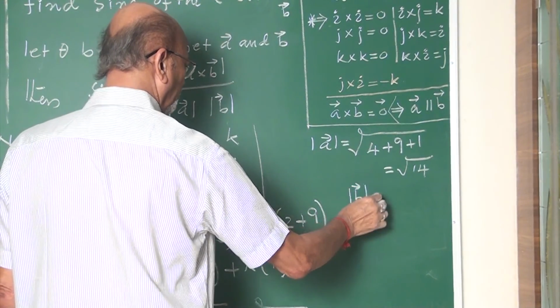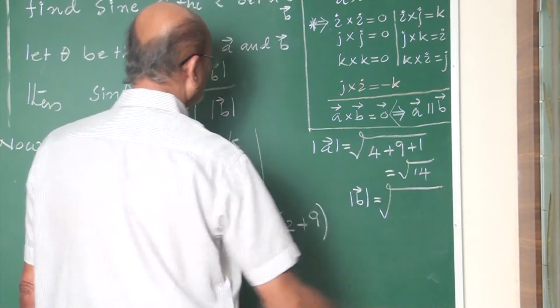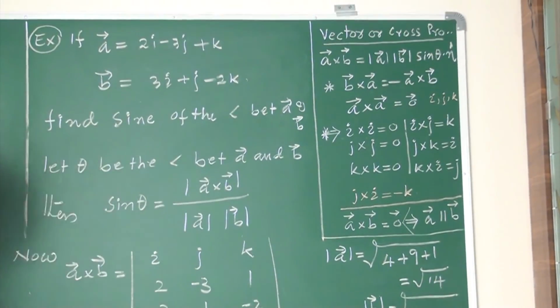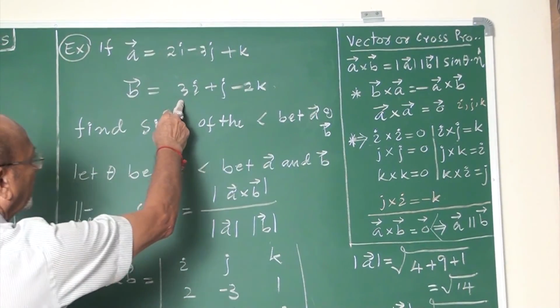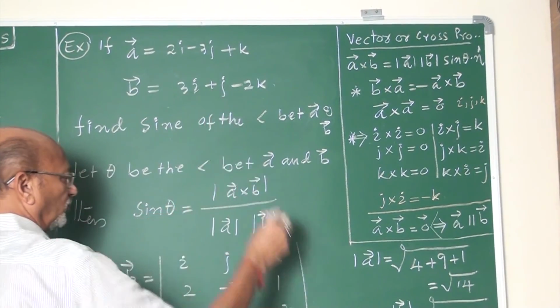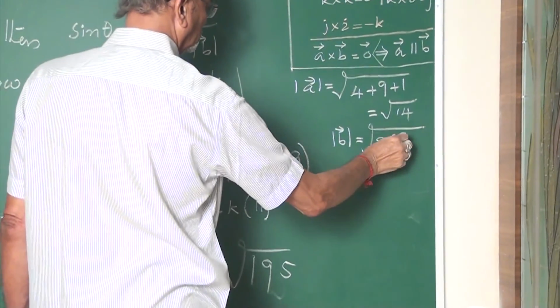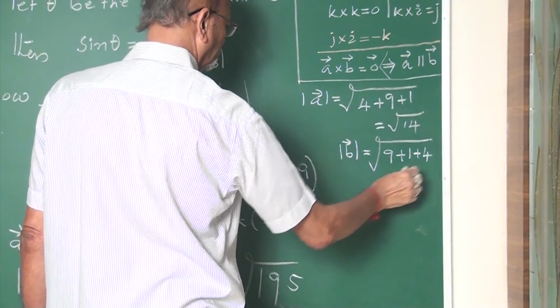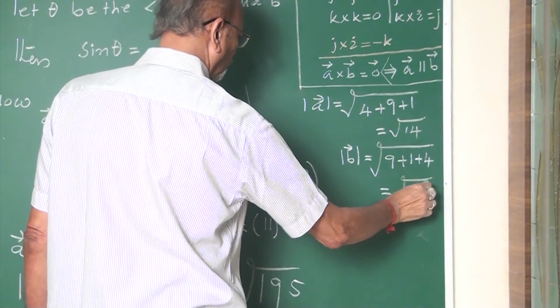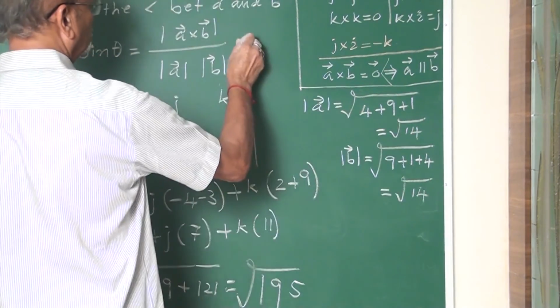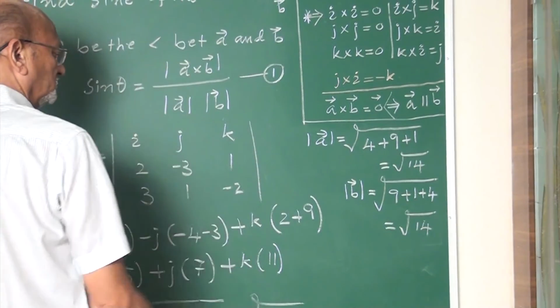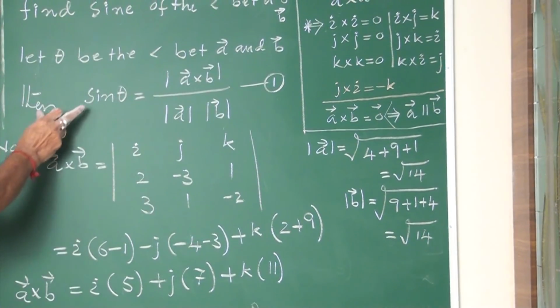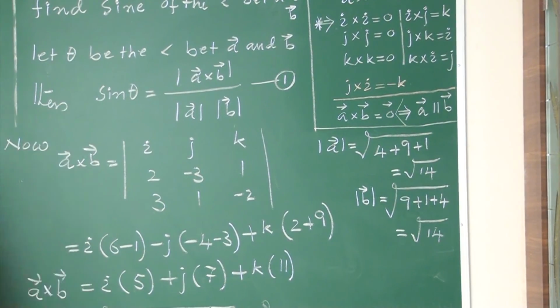Magnitude of B is square root of 9 plus 1 plus 4, which is also root 14. Substitute these values in 1.